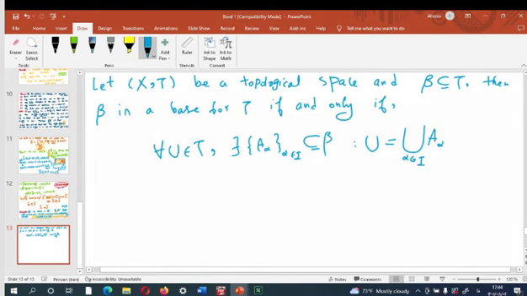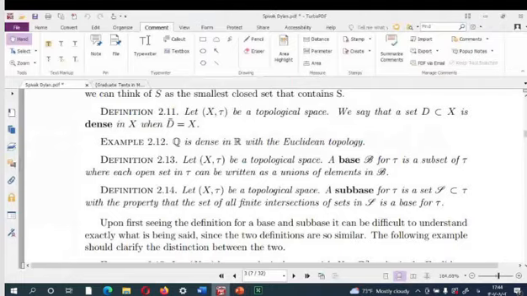Beta is a base if and only if each element of tau can be written as a union of S members, or beta members. Okay?